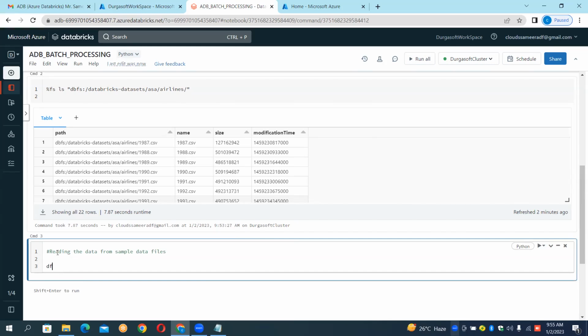I'm using df_airlines equal to spark.read.csv. Then afterwards, spark.read.format, you can say format within quotes, CSV. You have to use it within the quotes.